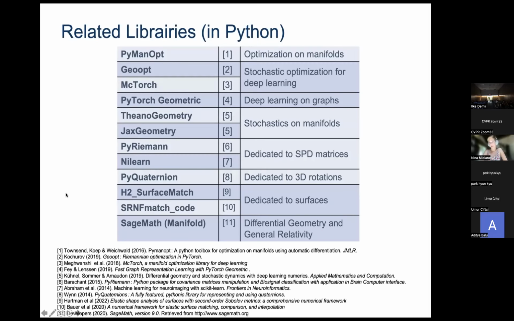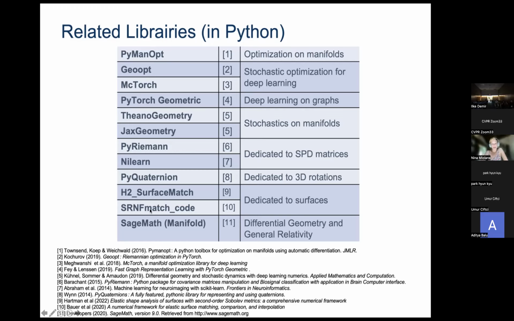There are other libraries that implement computations on manifolds, learning on manifolds, and optimization on manifolds. You can see them here on the screen. The first three, the ones that have opt in them, and Geoopt and Pymanopt, are focused on optimization on manifolds. We want, for example, to minimize a criterion, and the parameter minimizing this criterion is an element of the manifold.